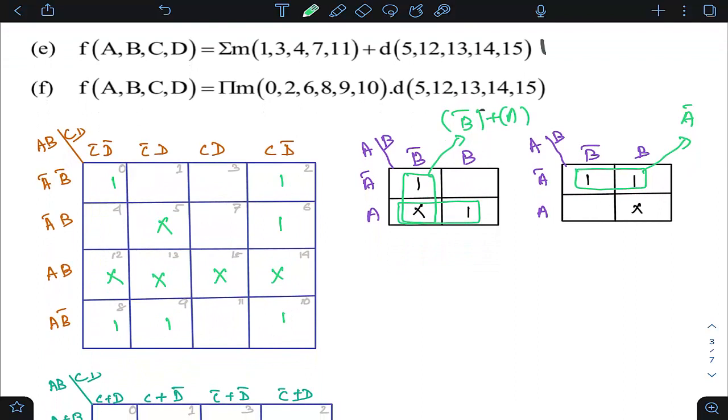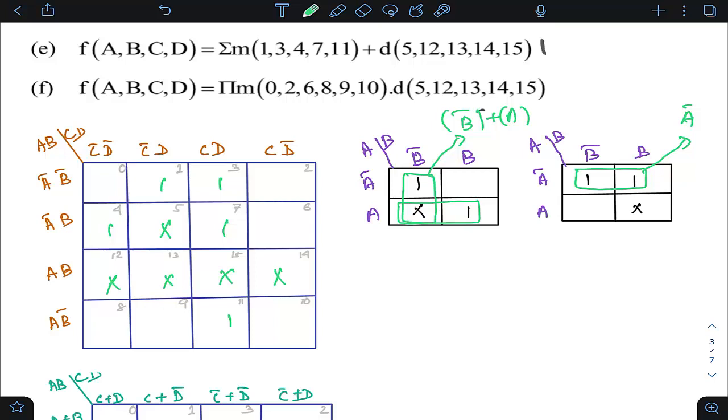No, no, friends, I have done this for the wrong one. Sorry, I'm not supposed to do this. The first one I have to take is this one. So 1, 3, 4, 7, 11, then don't cares 5, 12, 13, 15, 14. Okay, this is fine.